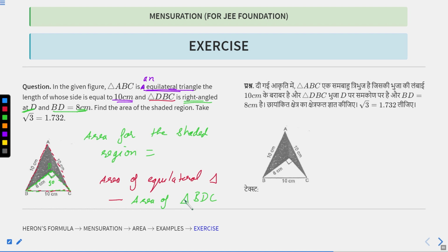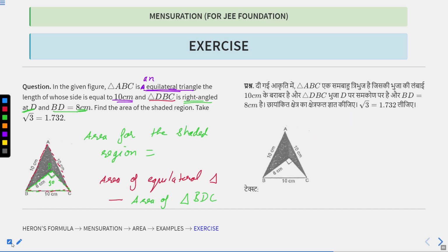I hope this is clear. So the area of the equilateral triangle, we already know, is root 3 by 4 A square. I hope you remember, or you can just use Heron's formula.